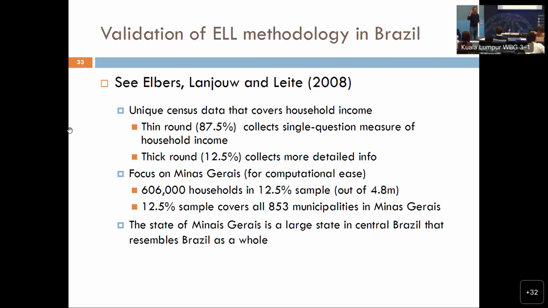But once you've drawn your survey with that income question, in the census you're going to ignore that income. You're just going to build your poverty map the same way you would in any other country where this income data is not available.